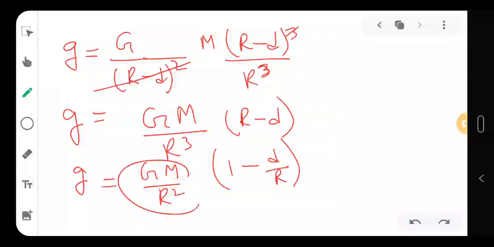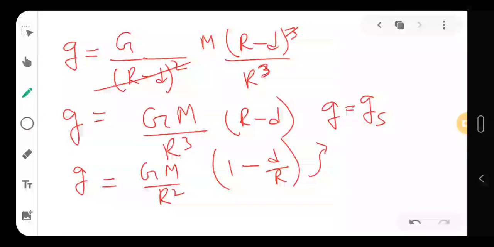So this part is again my surface gravitational acceleration. So from this I can get the formula. g is gs, that is the surface, or g0, we have taken g0. So g equals g0 times 1 minus d by r.